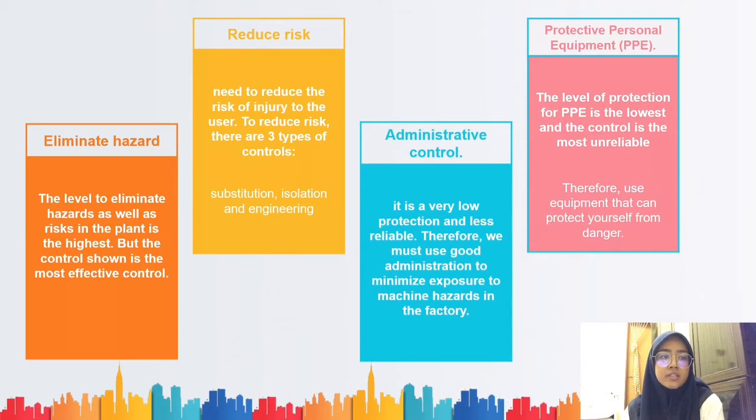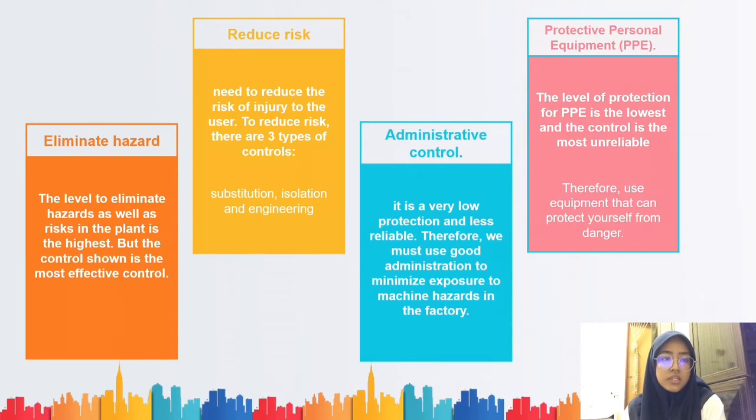Among them are substitution, isolation, and engineering. Substitution means replacing the risk with a lower risk. Isolation is to isolate people from the risk. Engineering is to reduce the risk through a work system or engineering change.